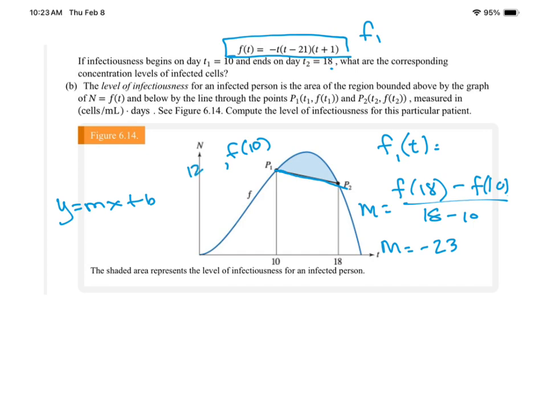Okay, so we've got 10 comma 1210 as a point. Not interested in the other point right now. I just need 1 point to write an equation. So we'll say 1210 for y is equal to negative 23 times 10 plus b. I'm trying to get a good b value here.